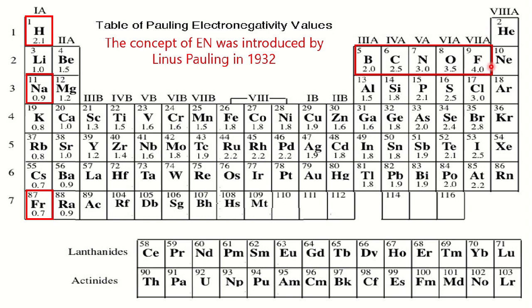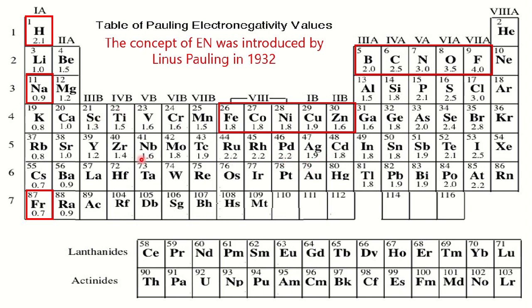Actually, yung fluorine yung pinakamataas ang electronegativity. Ang tawag sa kanya, fluorine is the most electronegative atom. Let's have here iron 1.8, cobalt 1.8, nickel 1.8, copper 1.9, and zinc 1.6.